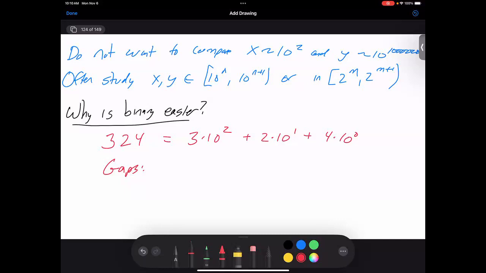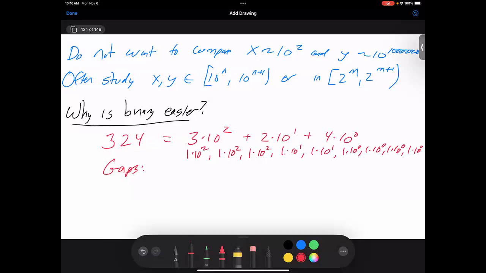So here we have 3 times 10 squared, 2 times 10 to the first, and 4 times 10 to the 0. That is, 1 times 10 squared, three times, 1 times 10 to the first, twice, and 1 times 10 to the 0, four times.